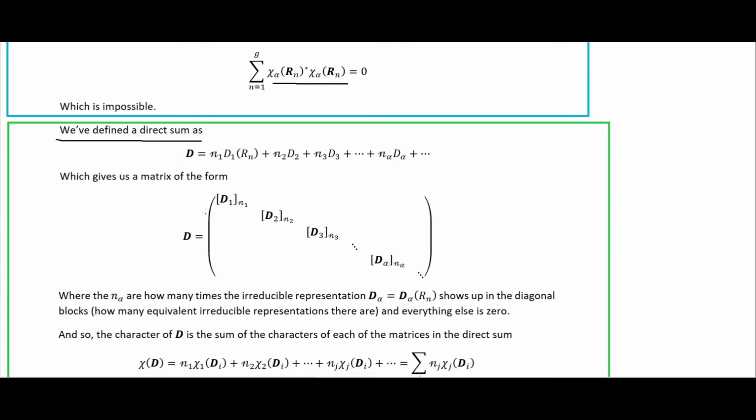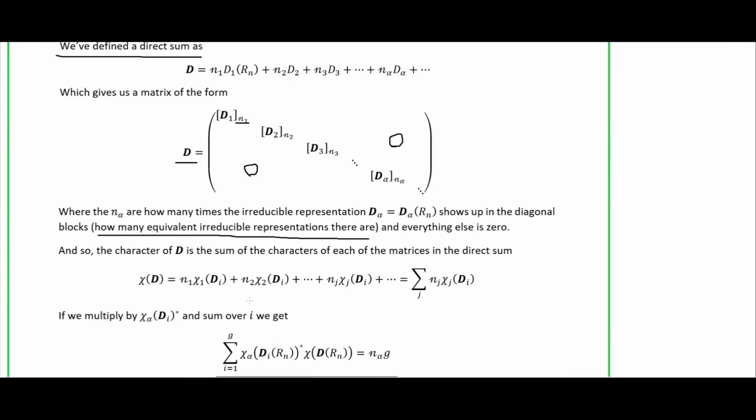There will be n alpha of each of these irreducible representations in our D here, where n alpha is how many times the irreducible representation shows up in the diagonal blocks. So how many equivalent irreducible representations there are, and everything else, over here and over here, is 0. So that's just the definition of our direct sum.